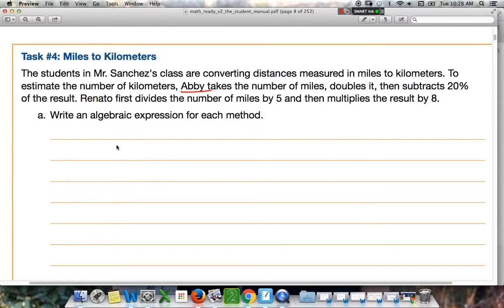So Abby takes the number of miles, let's say m, and she doubles it. So that would be 2 times the number of miles. And then she subtracts 20% of the result. So 20% of the result, 2m. That would be Abby's.